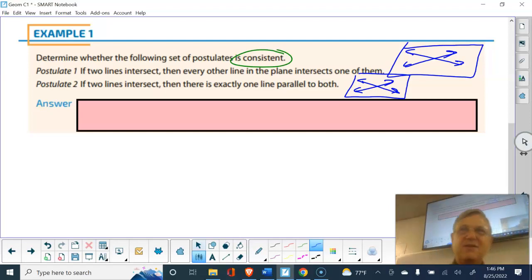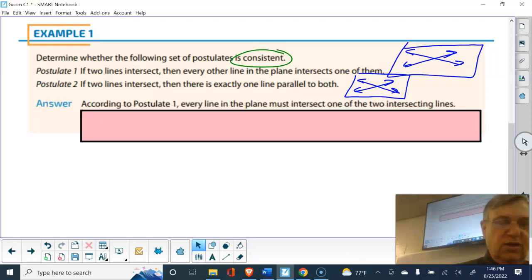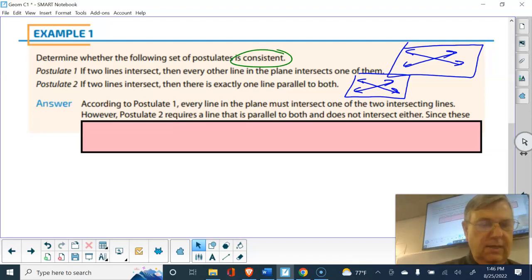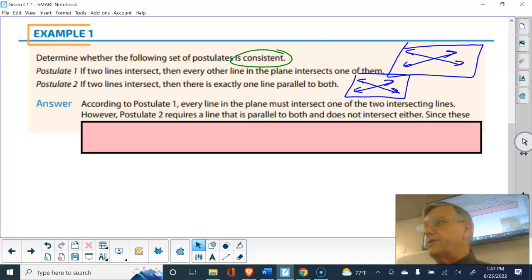Let's see what the answer is. According to postulate 1, every line in the plane must intersect one of the 2 intersecting lines. Yes, that's what it says, right? However, postulate 2 requires a line that is parallel to both. And therefore, if it's parallel to both, is it intersecting either one? Would you agree? Parallel means they don't intersect.